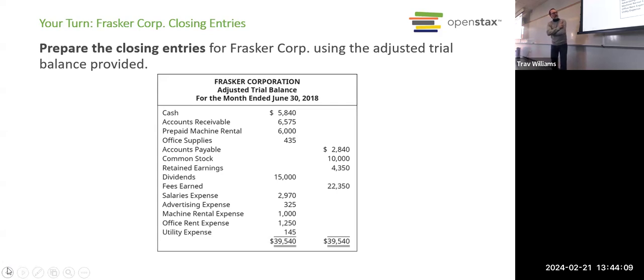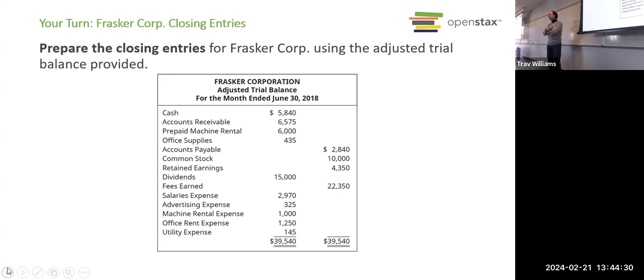Which of these accounts would get closed out? Yes, that's exactly right. So these are all permanent accounts, all the way to retained earnings here. So we would be closing out, well, first we would do the revenue account.